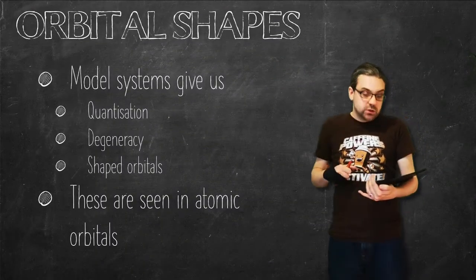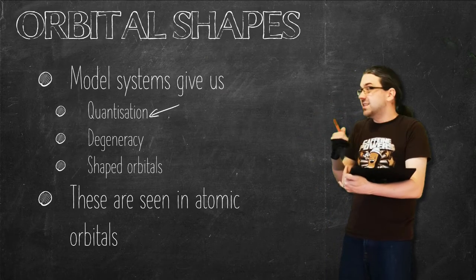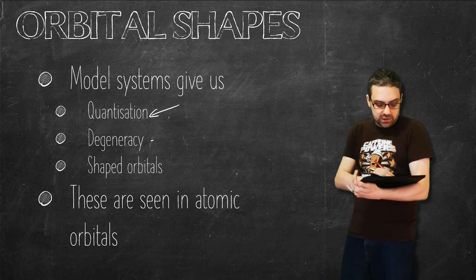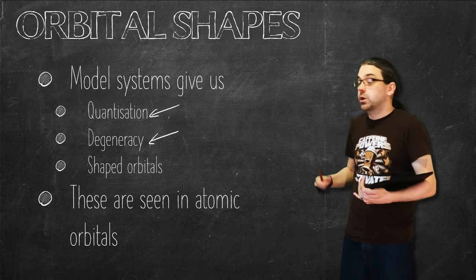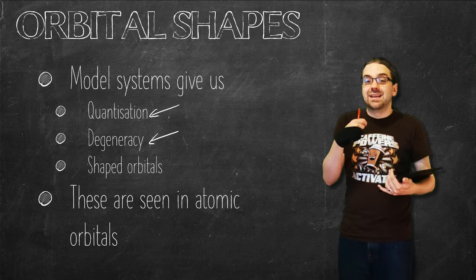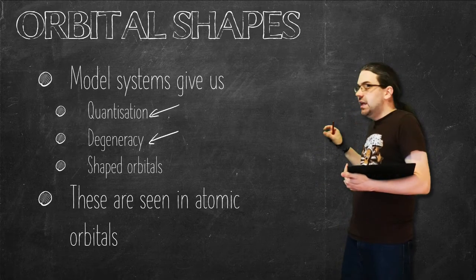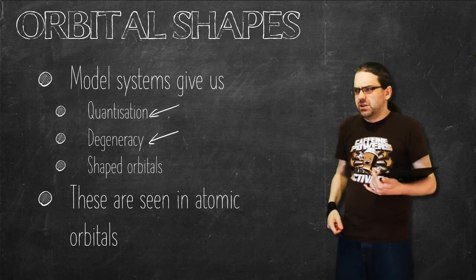Right, so let's recap. The model systems give us things like quantization. That's reflected in reality. They also give us degeneracy, more than one quantum state that has the same energy, again reflected in reality. It's really useful to be able to connect these simplified models to something like a real atom, even if you can't do the maths behind a real atom, which I wouldn't expect you to do.